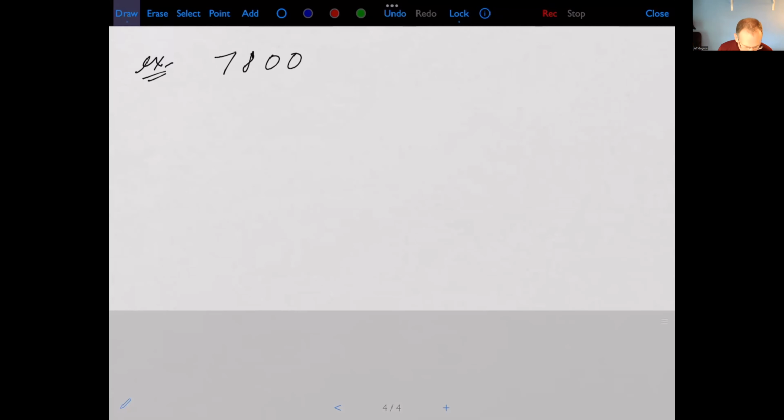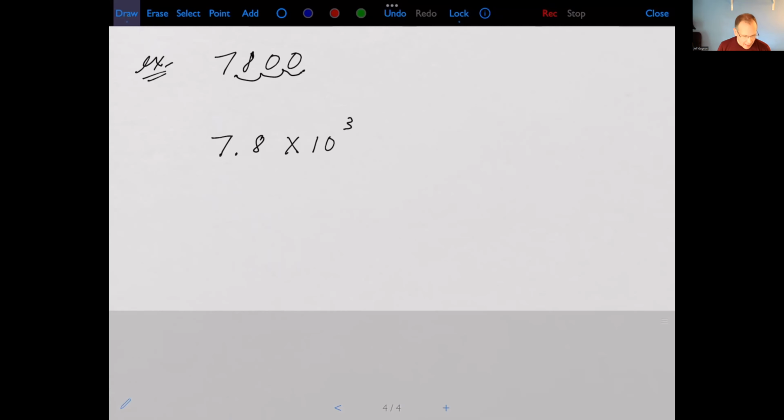But if I write this in scientific notation, remember, to do that, I have to move the decimal, in this case, 3 places to the left, because it has to be a number that is greater than 1 and less than 10, basically a digit and then the decimal point. And then since I moved it 3 places to the left, I write this as times 10 to the third.